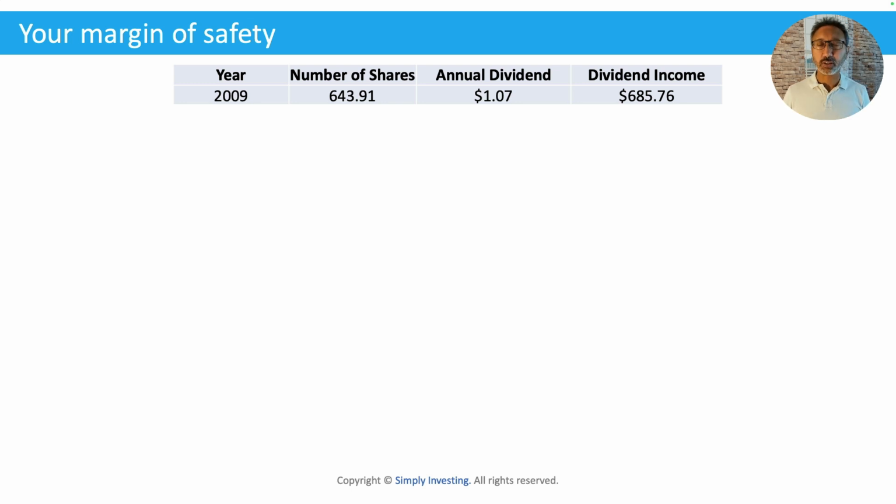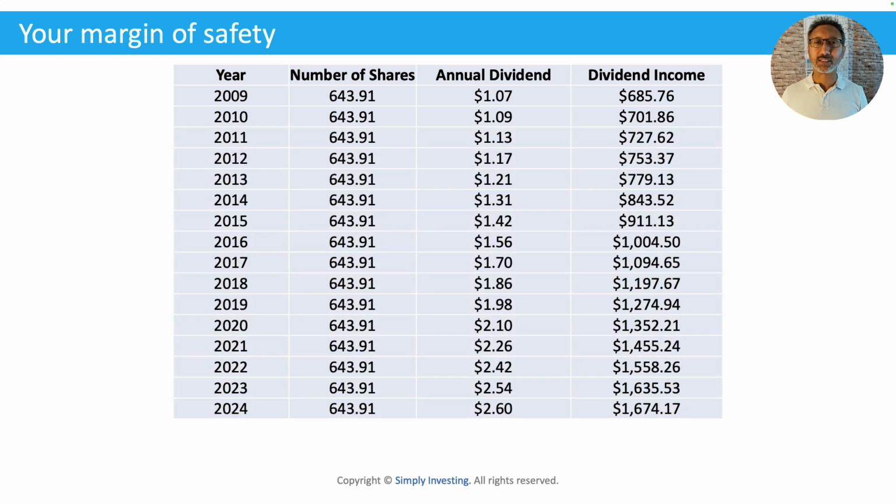So the total annual dividends for the first year would have been $685.76. The following year, you can see the company raised the dividend to $1.09. Now your dividend income has gone up, and the annual income in 2010 has gone up to $701.86. In fact, the company has increased its dividend every single year.